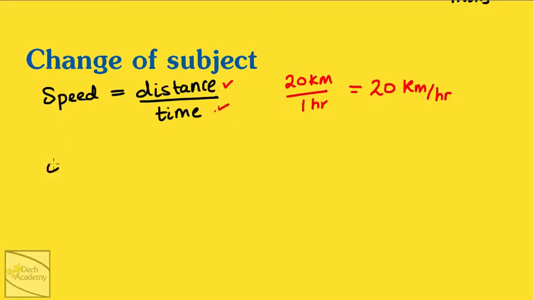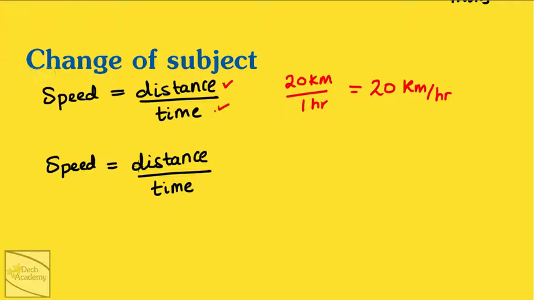Sometimes you might be given the speed or the average speed, and you'll be given the time, and then you could be asked to find out the distance traveled by the object. So what do I mean?